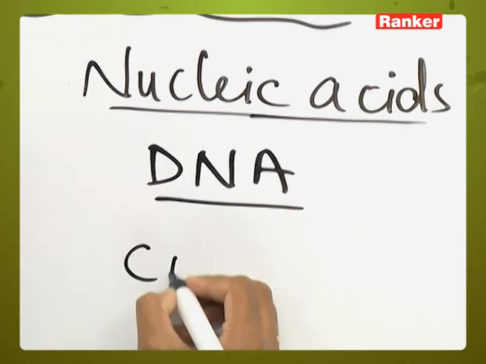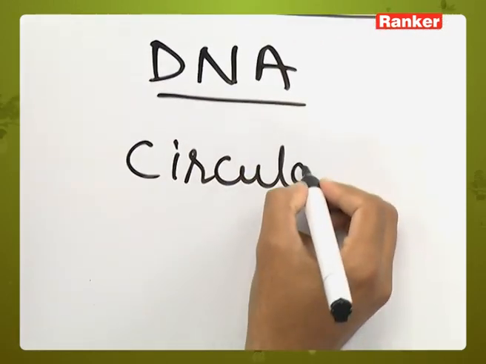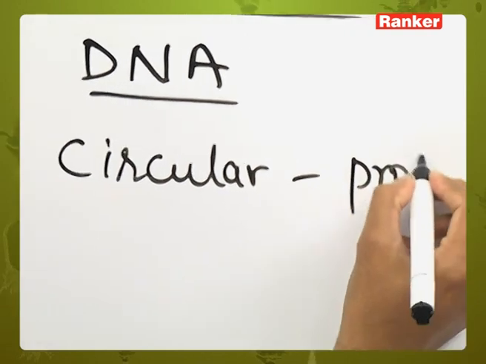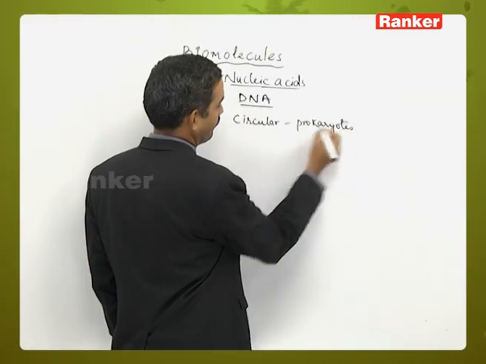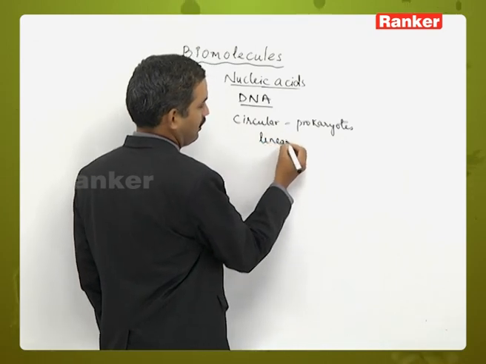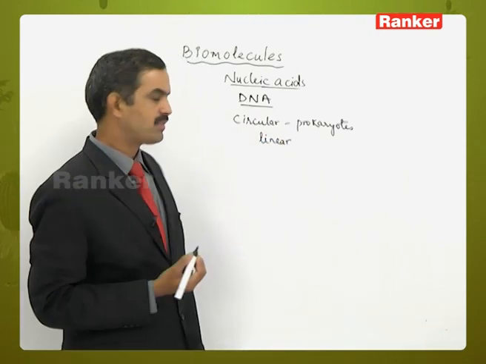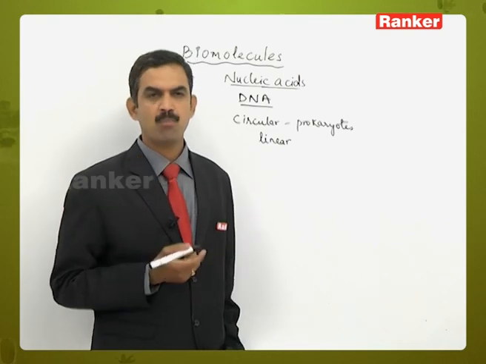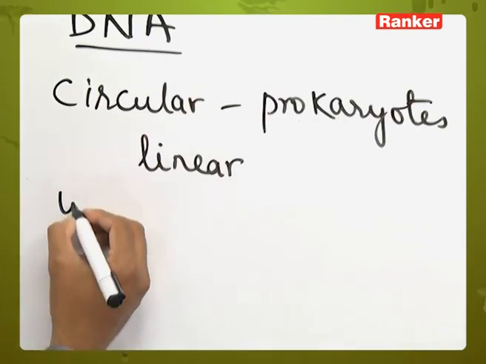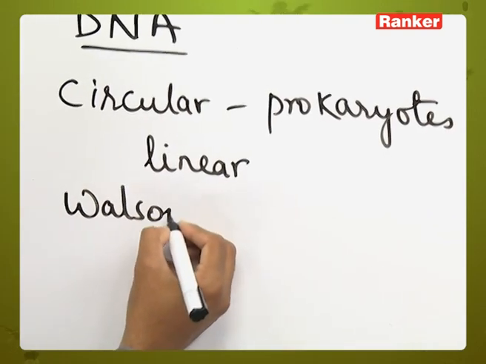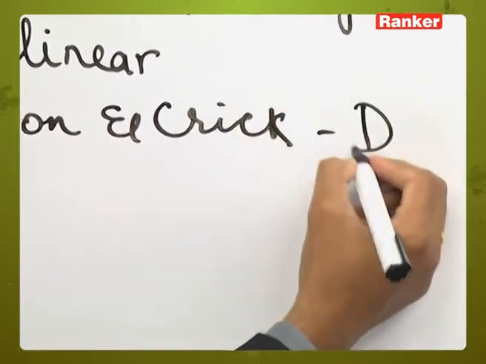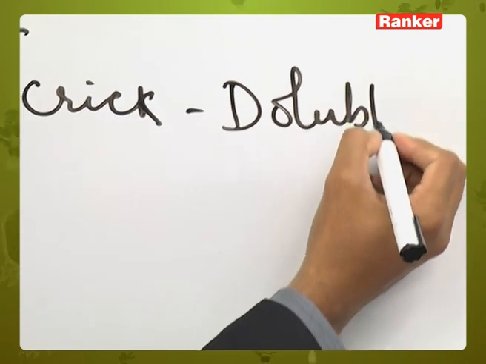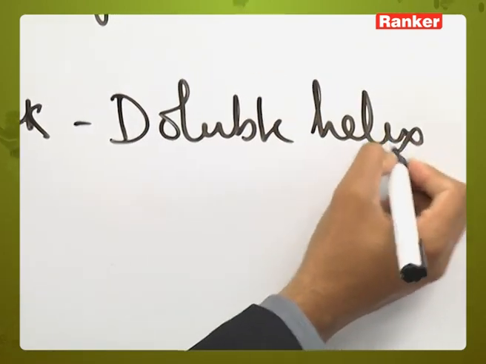The DNA will be generally circular in prokaryotes, but sometimes it may be linear also. In the majority of eukaryotes, it has a double helix model. This model was proposed by Watson and Crick.